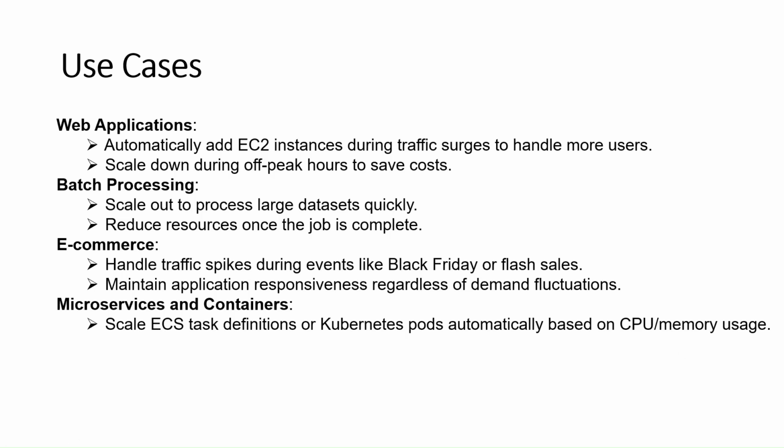So each part of your application gets the resources it needs without wasting money or over provisioning. So AWS auto scaling keeps your application responsive during the busy time, saves cost during the quiet periods, and ensures you always have the right amount of resources, no matter the workload.